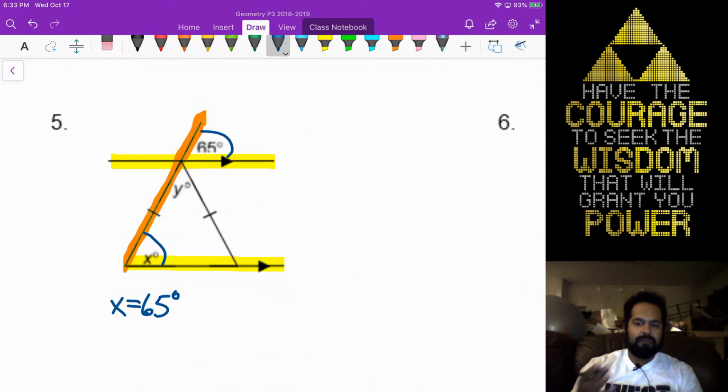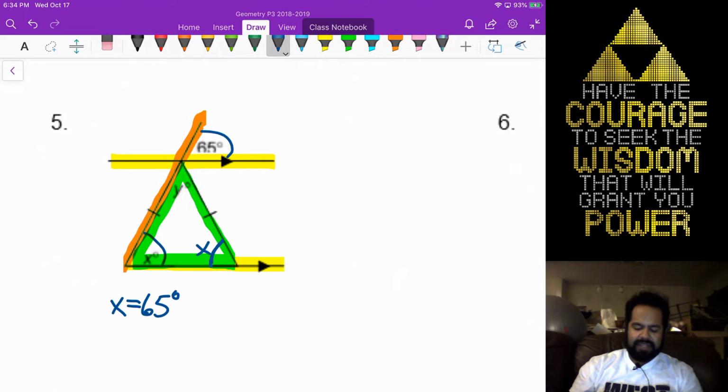On top of that, once we actually consider the triangle, let me use green. Once I actually consider the triangle, well, again, it's isosceles because of these two congruent marks. So that means, again, my base angles are congruent.